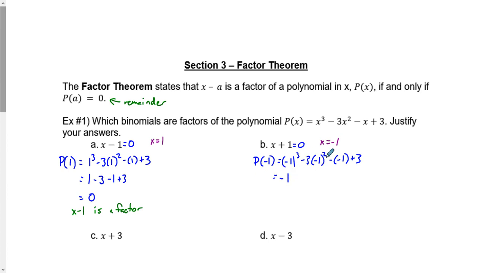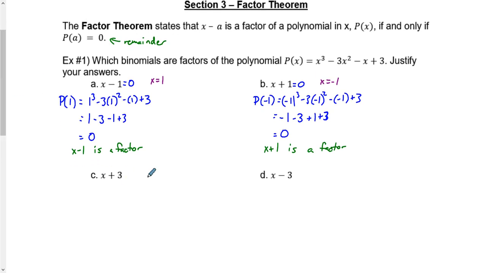Going step by step. Okay, we get a remainder of 0. So that says that x plus 1 is a factor.